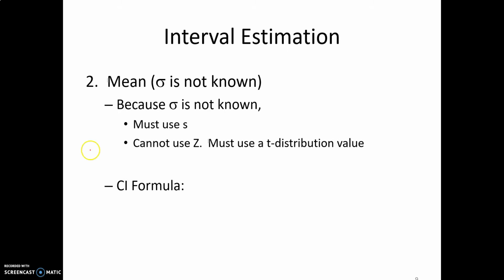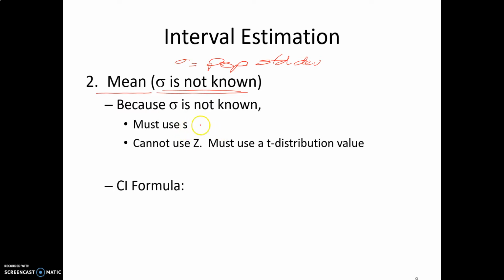Let's go back here and figure out why. It's talking about the mean, but the big difference is right in here: the population standard deviation is not known. Because it's not known, we still need a standard deviation.